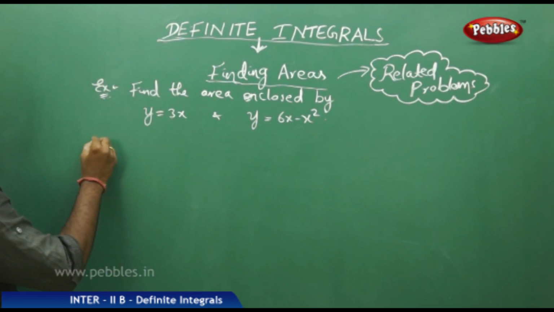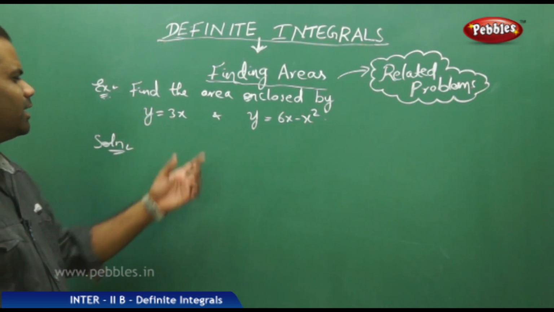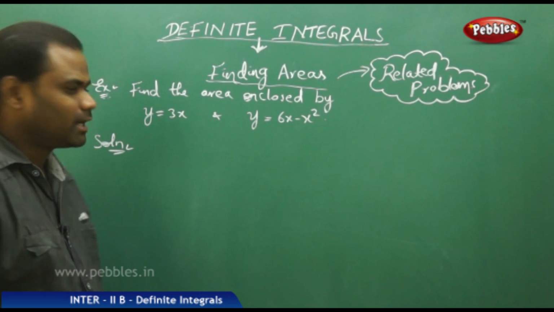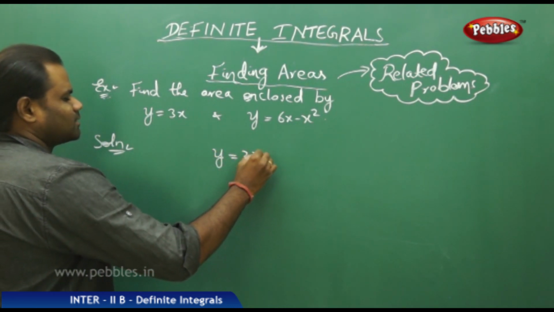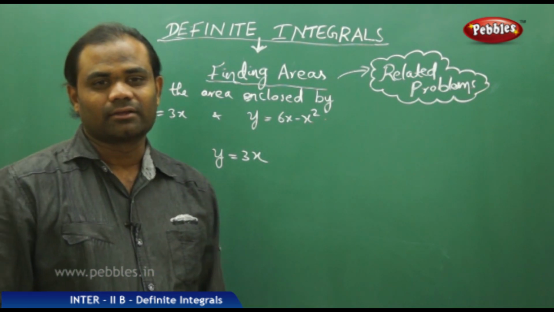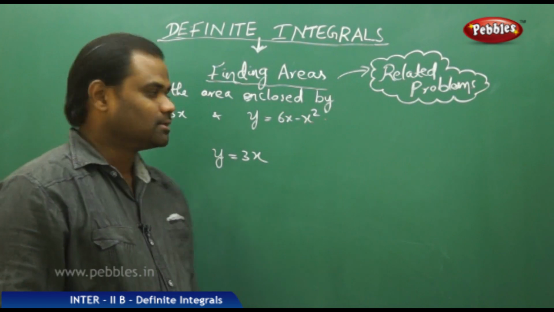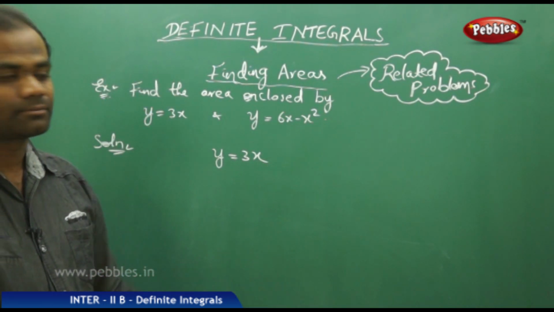So in order to find the area enclosed by these two curves, I clearly see that the curve y equal to 3x is a straight line. The knowledge of a straight line which we have learnt in lower classes tells us that this is a straight line passing through the origin.